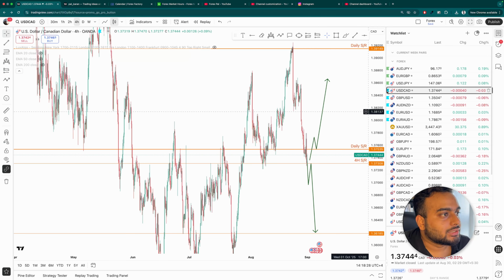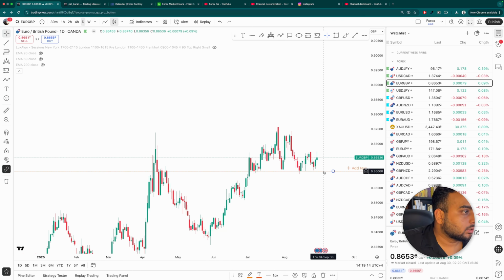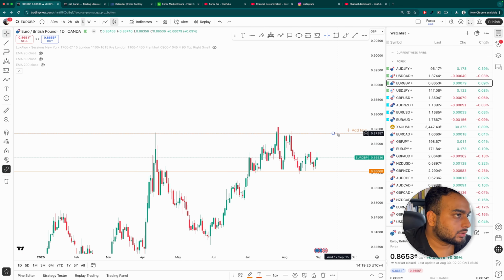I don't know if I did Euro GBP. Okay, let's delete these lines. Here we have a support, a really clean support actually, and then a resistance.